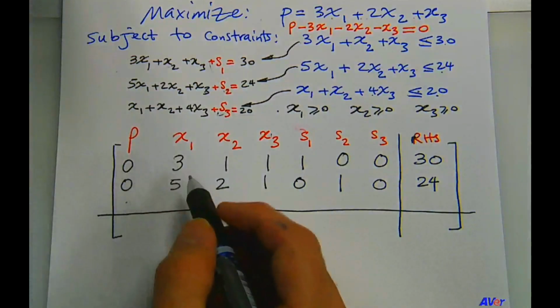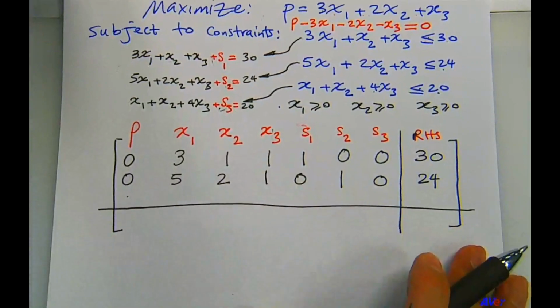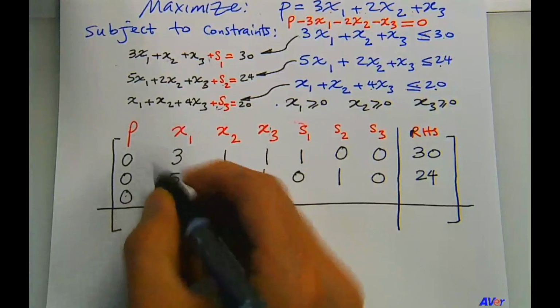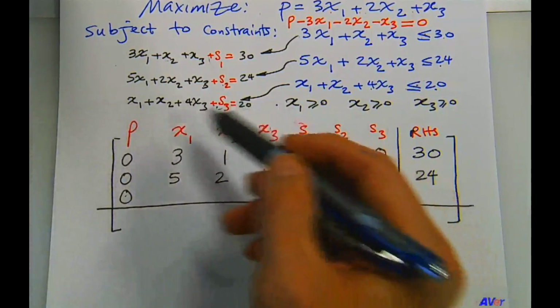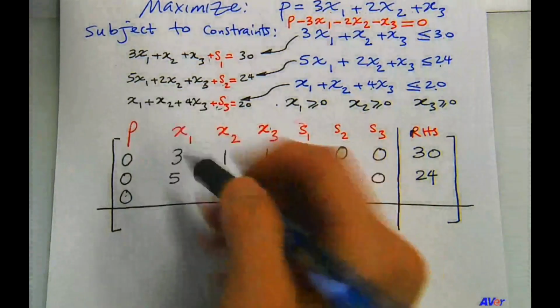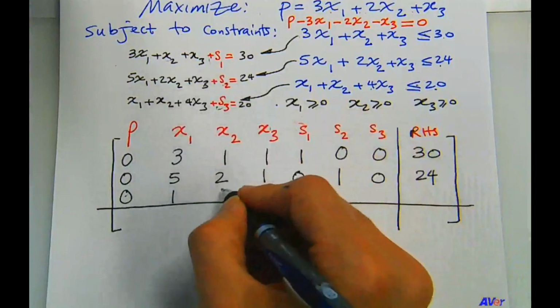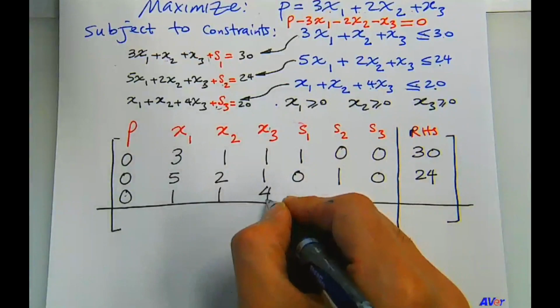The third row is going to be the coefficients of the third constraint. So there is no p here, so 0 will be the coefficient of p in that equation. There is an x1, coefficient is going to be 1. There is x2, coefficient is 1. There is x3, coefficient is 4, right?